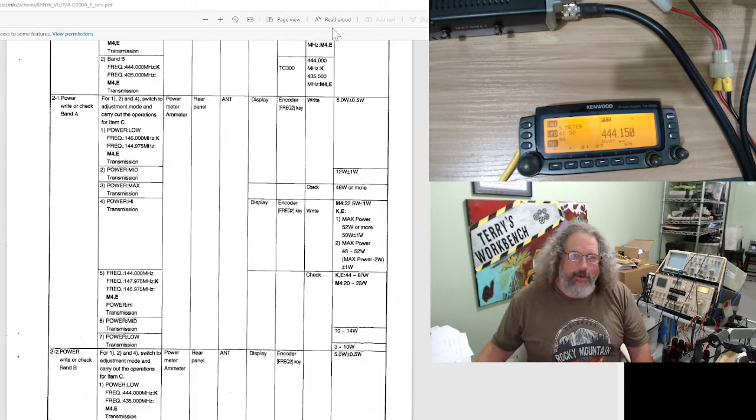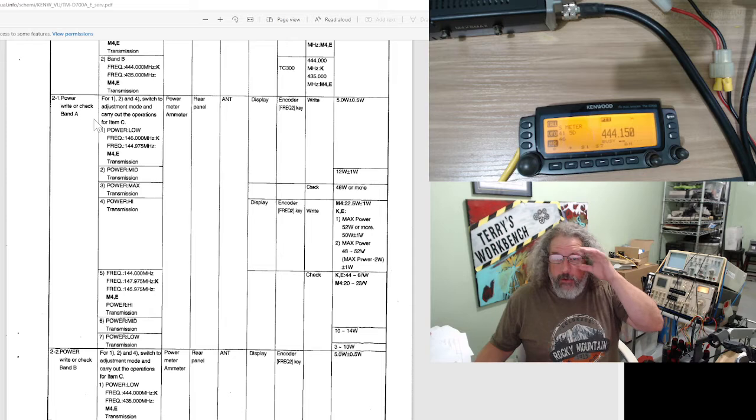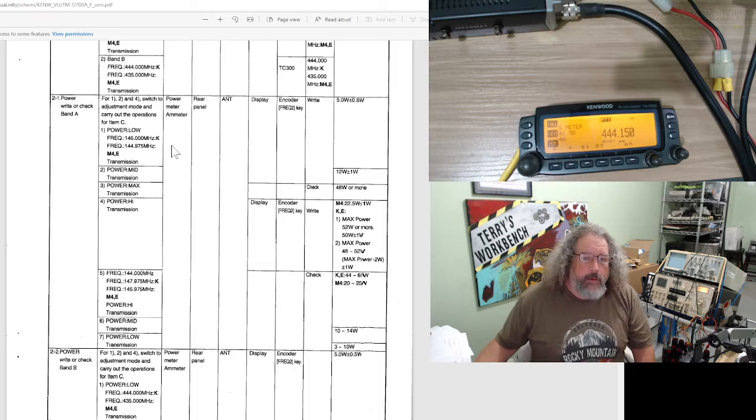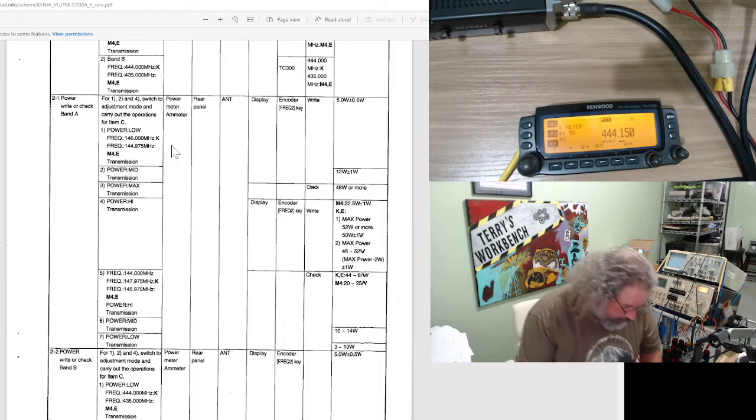All right, and I haven't practiced this. We'll just go right through it. So this is looking for the 5 watt, 12 watt configuration here. Okay, power low.